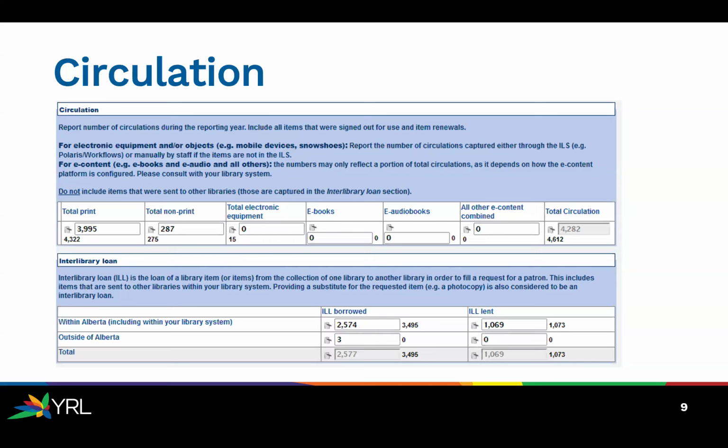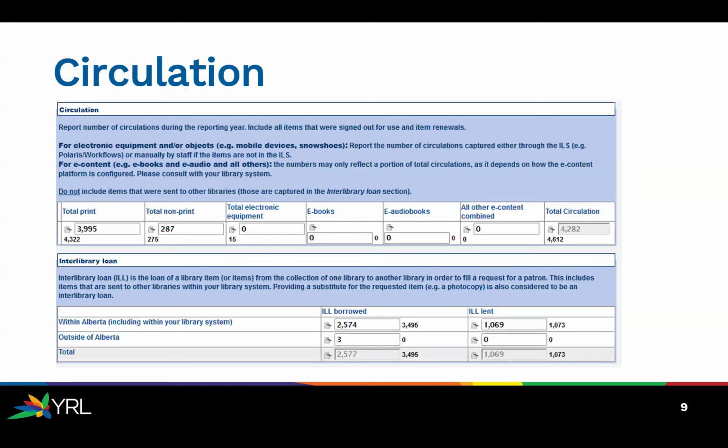So for interlibrary loan, the report is calculating the circulation of items that you borrowed or brought in from TRAC and other libraries in Alberta, and ILLs that you lent or sent out to other libraries. They are also asking for ILL circulation outside of Alberta. This is a little bit trickier to capture, and Polaris might not capture every circ here.